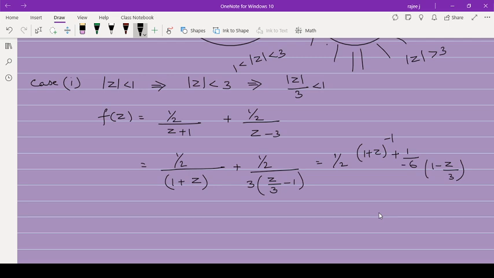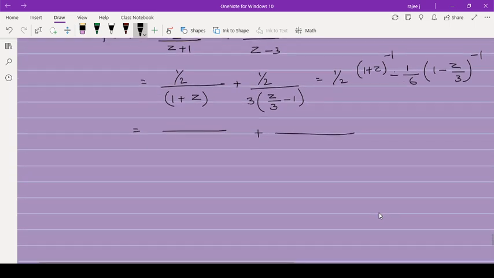Now this negative and this positive will become negative here, and I will take this 1 minus z by 3 to the numerator. And now you expand this using the power series. So you will get 1 by 2 into 1 minus z plus z square, etc., and here also accordingly we will expand.